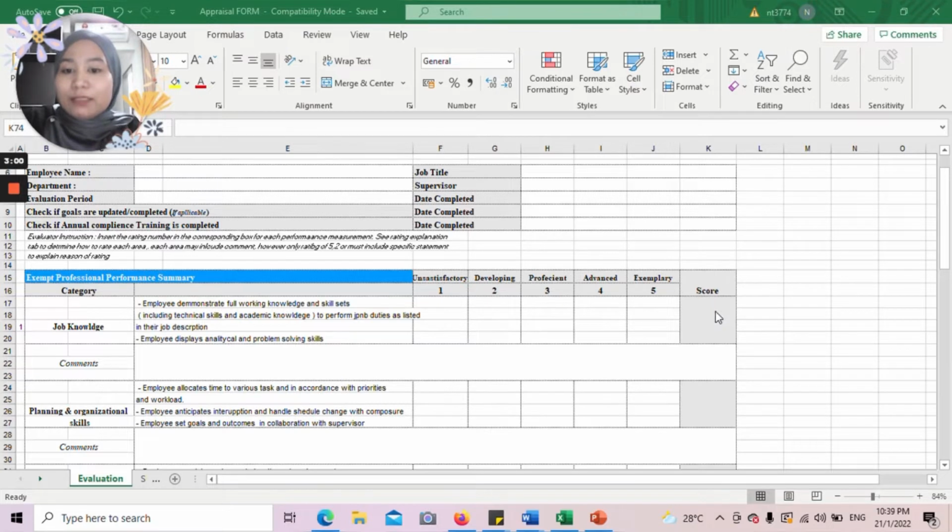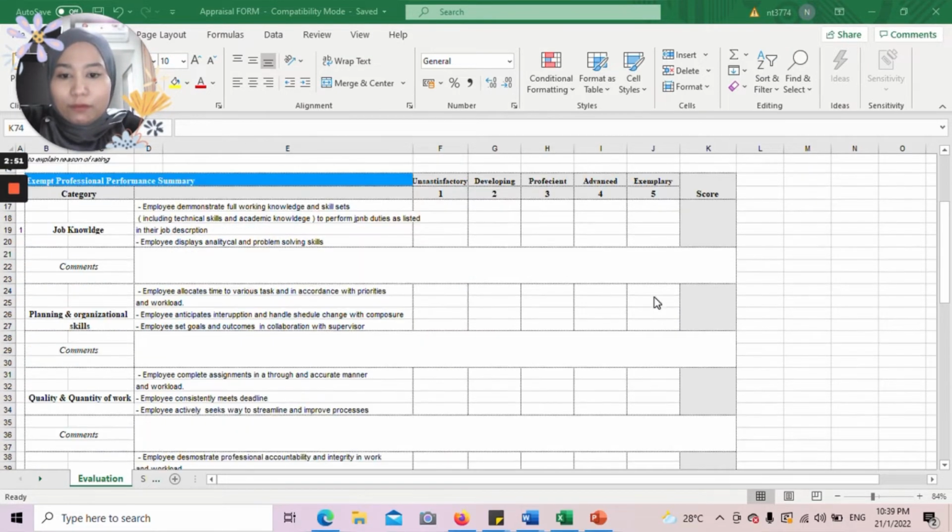The main advantage is to show the indicator of score of employee achievement. On the left side, the categories have been stated, divided into several categories, such as contribution of work and knowledge of work, which will be evaluated with a rating from 1 to 5, representing the level of the employee's performance, and then commented on in the space below.